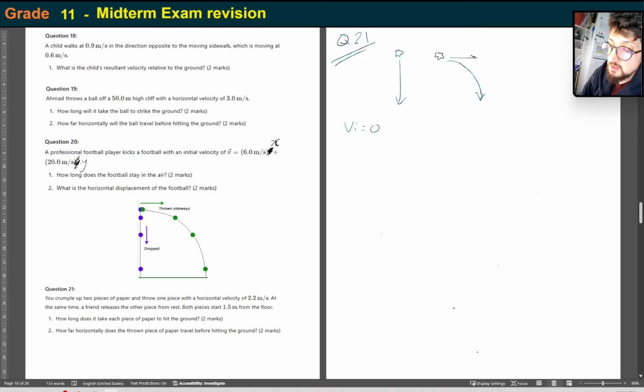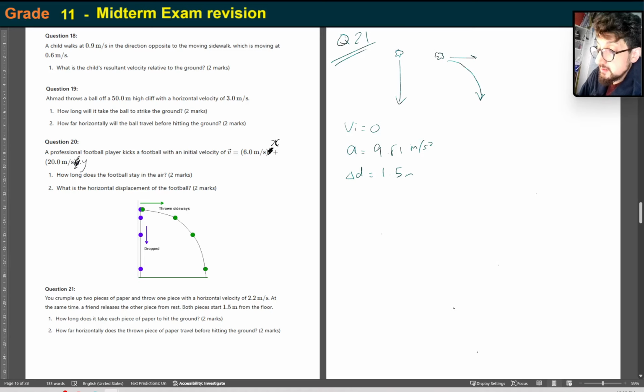That's easier. Vi equals 0. The acceleration is equal to 9.81. I didn't write negative because I'm not going to make the displacement negative either. So the displacement is going to be 1.5, and that way if I make that positive and that positive, then I don't have to worry about the negative signs.